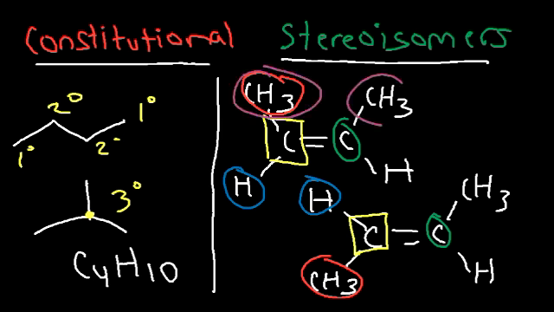Here the methyl groups are close to each other, but here the methyls are far apart. So stereoisomers are connected the same, but arranged in space differently. Constitutional isomers are simply connected differently. There are a lot of different types of stereoisomers. You have enantiomers, diastereomers, epimers, just to name a few.